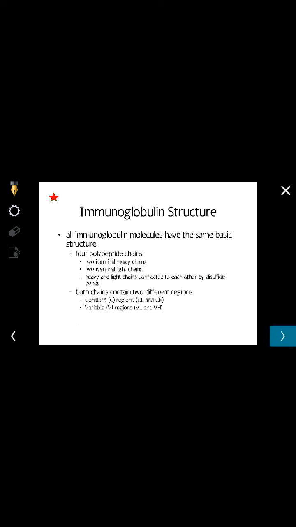So immunoglobulin structure, let's talk about that. All immunoglobulin molecules have the same basic structure. They have 4 polypeptide chains. So they're kind of like this. They have 2 identical heavy chains and 2 identical light chains.